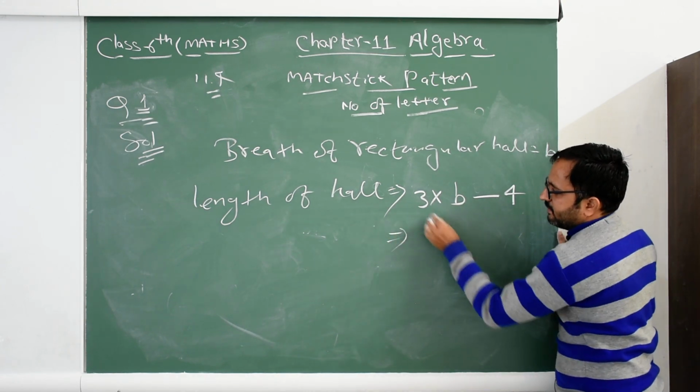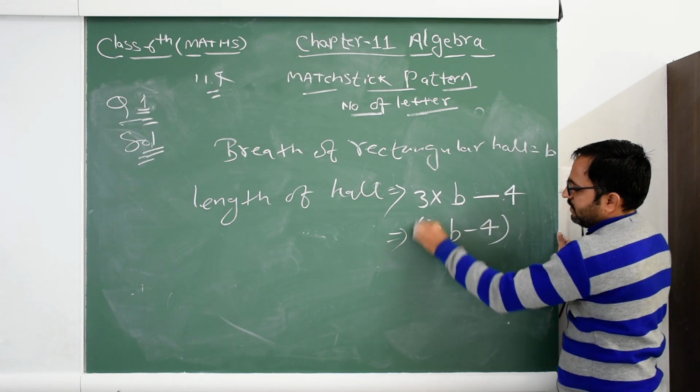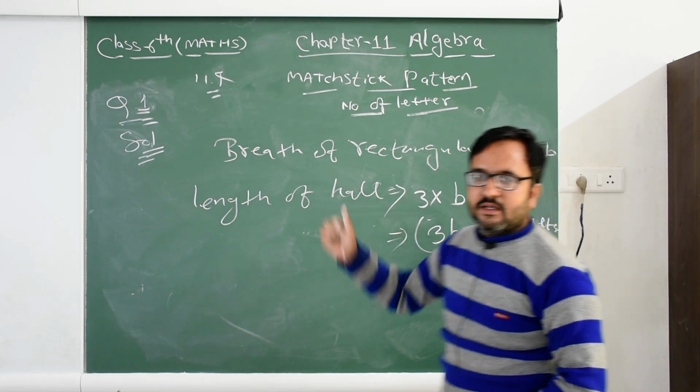So your length will be 3 into b, 3b minus 4 meters. So this is your length.